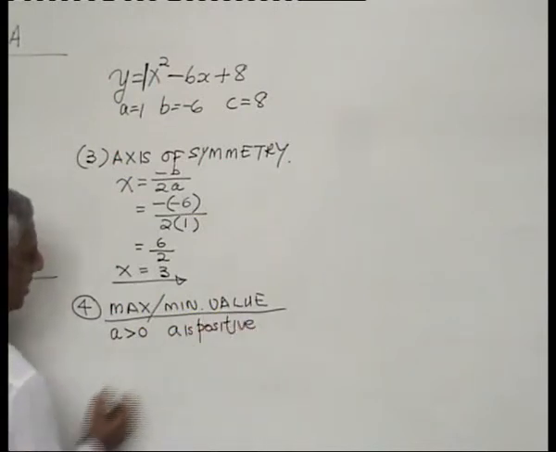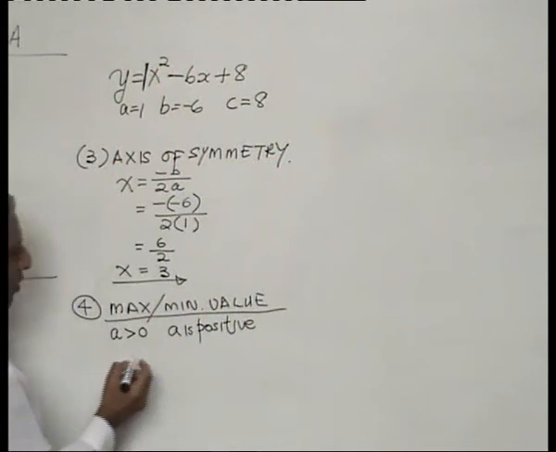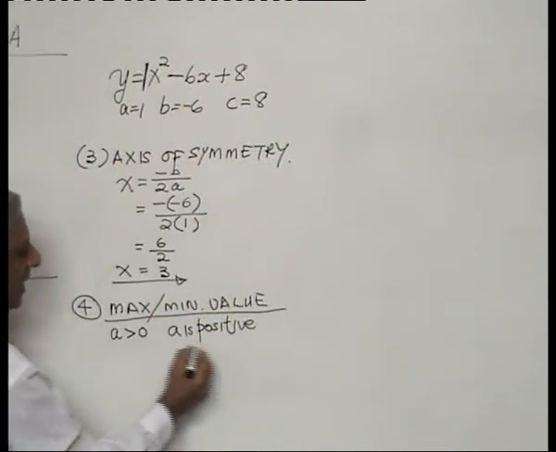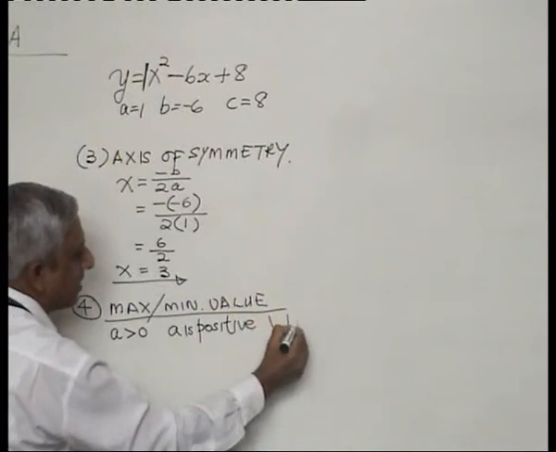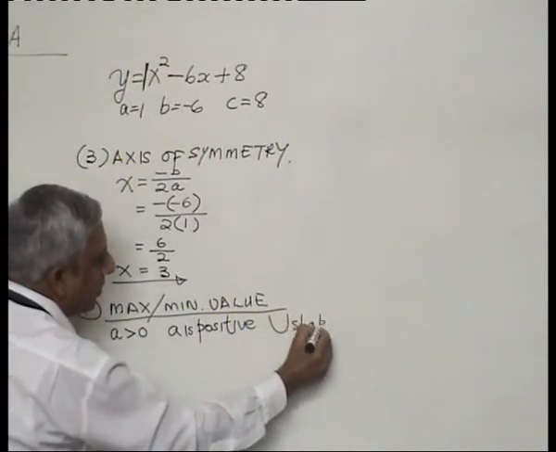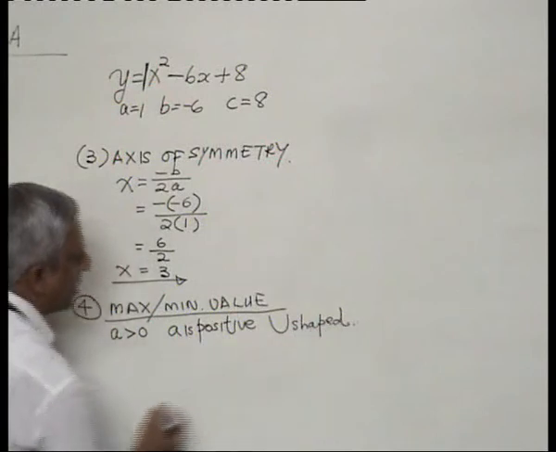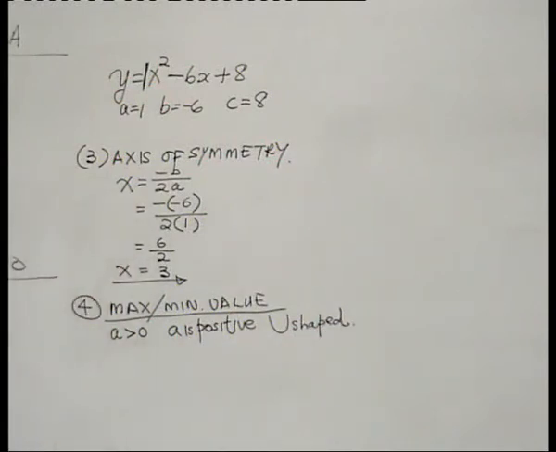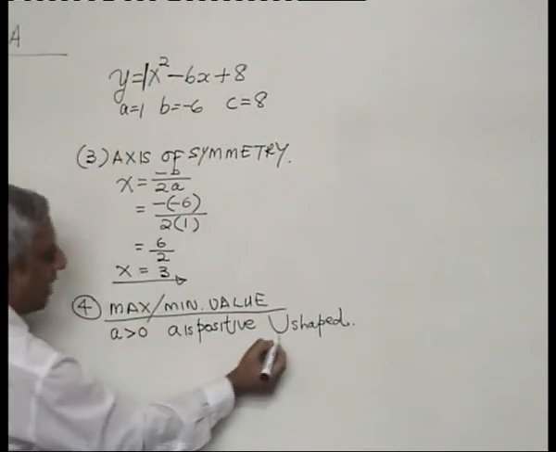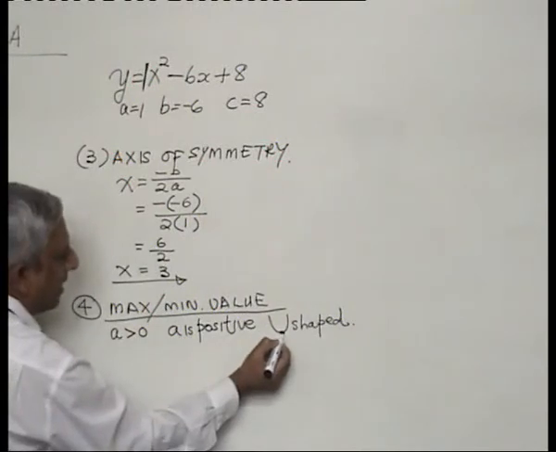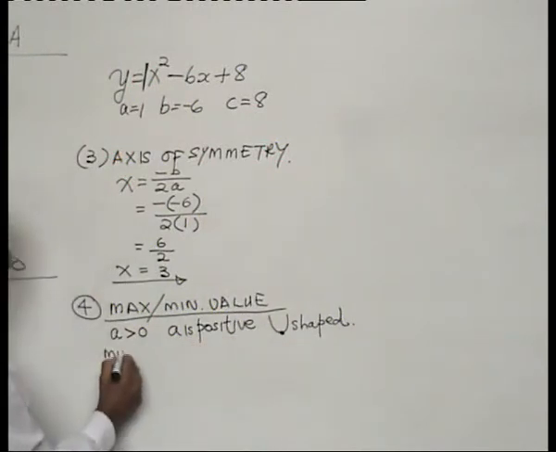And I trust that you have done a number of examples so far, and you know that when A is positive, it is valley-shaped. If you don't know this fact, my advice to you is go and draw a number of graphs and confirm this for yourself. So if A is greater than 0, then the graph is U-shaped or valley-shaped, and therefore we have a minimum value.